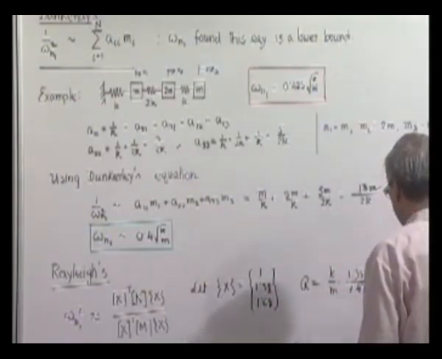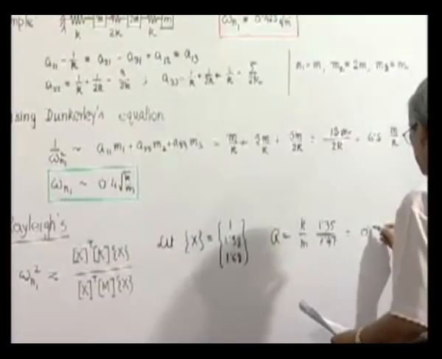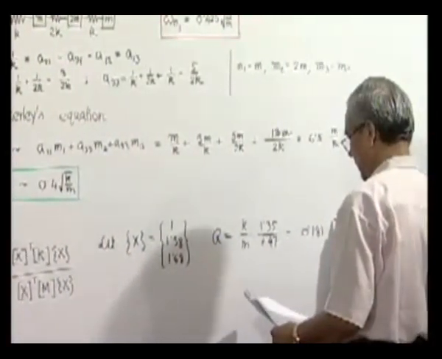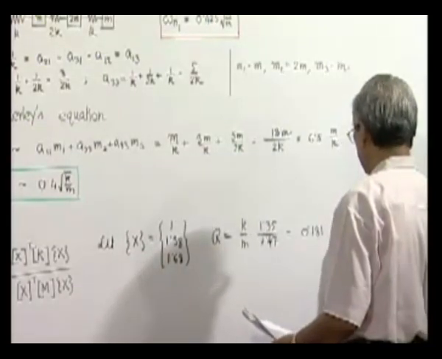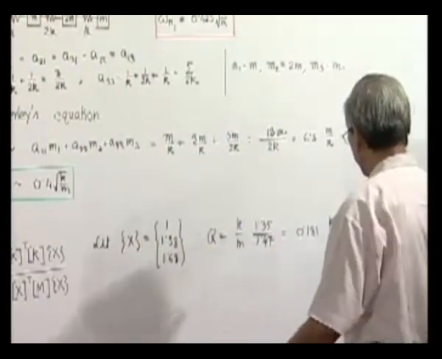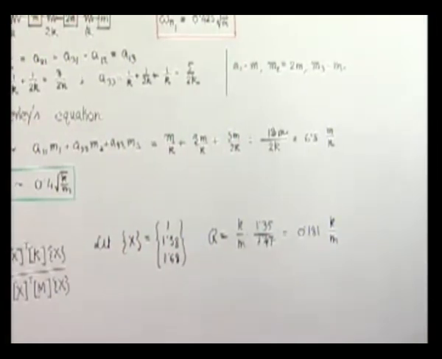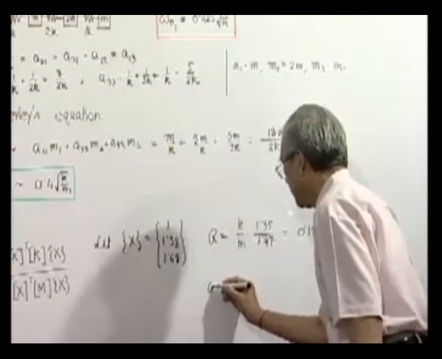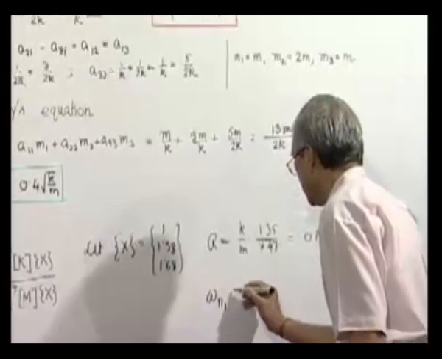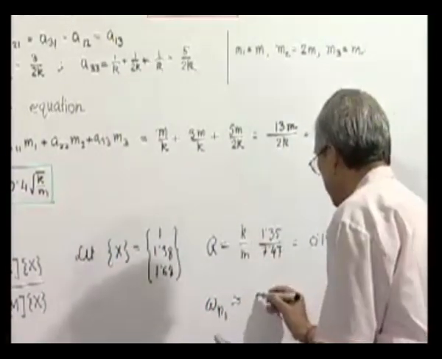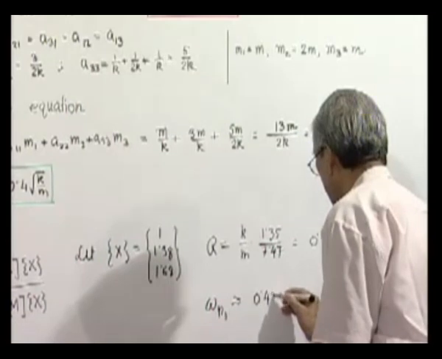And this will be equal to 0.181, and R is actually supposed to be the square of the natural frequency. So the first natural frequency you get is approximately equal to the square root of this, which becomes 0.425.